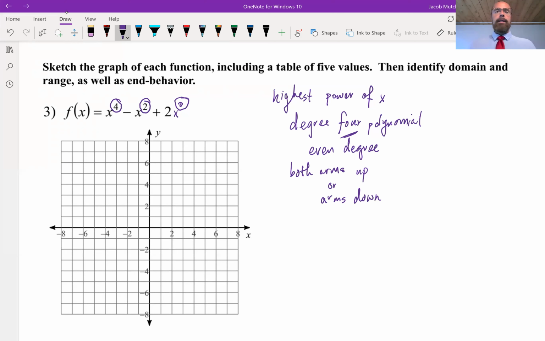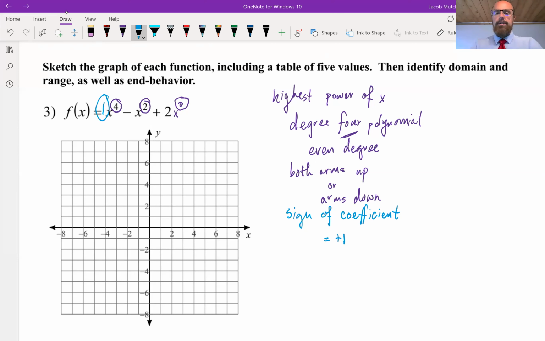And then remember, we can decide which direction based on the sign of the leading coefficient. So if I look here at my function for the leading coefficient, I see again in front of x to the power of 4, there is no coefficient there. So I'm going to write a 1, circle it, and I see that that is positive.